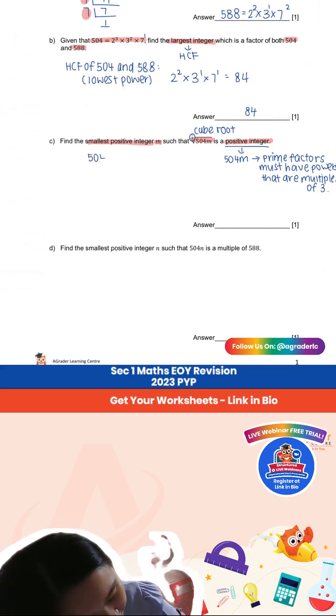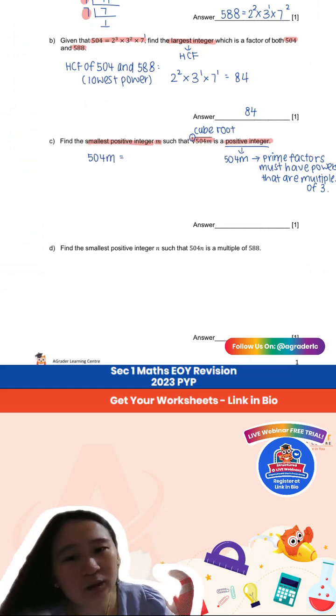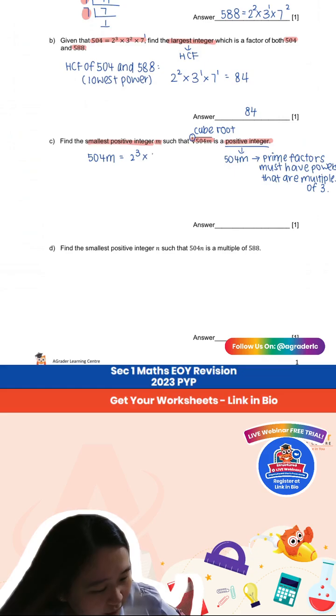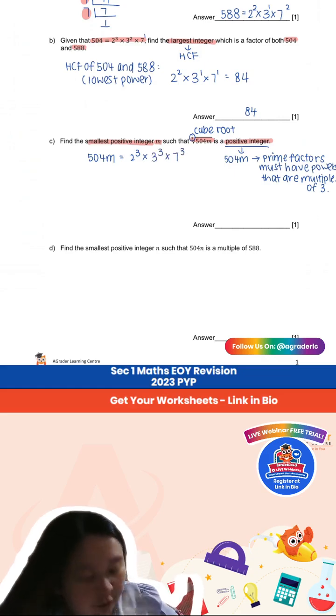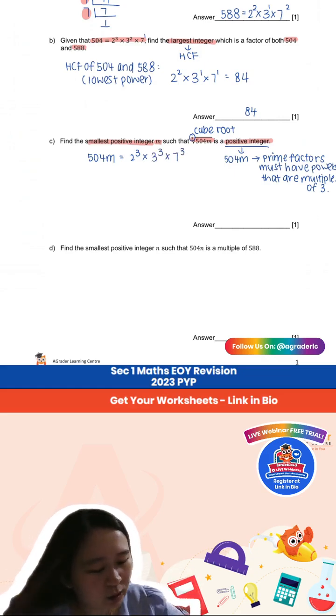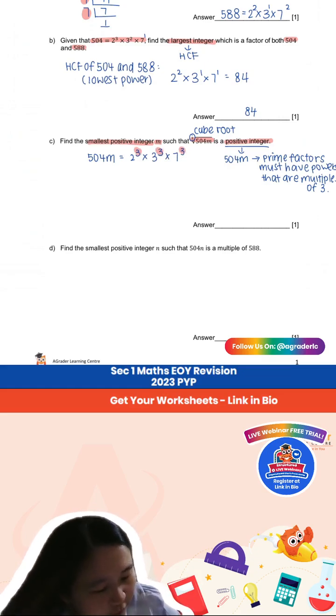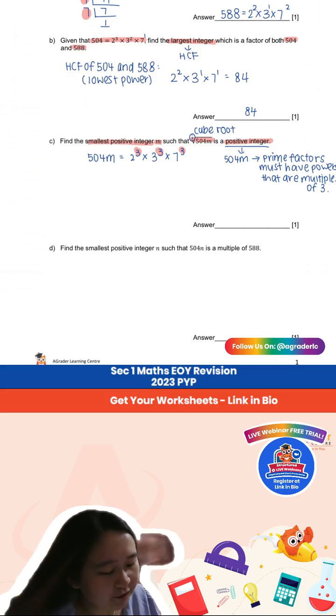Meaning your 504m must be equal to 2 to the power 3 times 3 to the power 3 times 7 to the power 3. Everything, you can see that the power must be in the multiples of 3. Okay, because 504 has the prime factors of 2, 3, and 7.